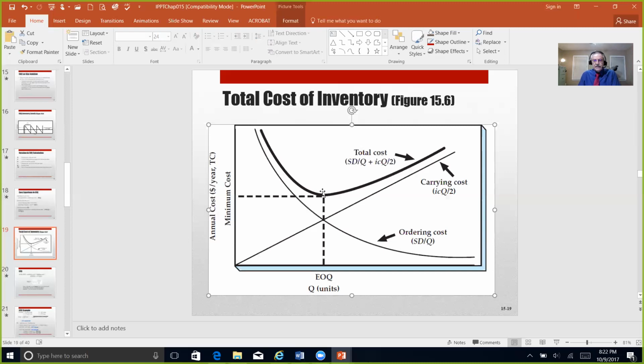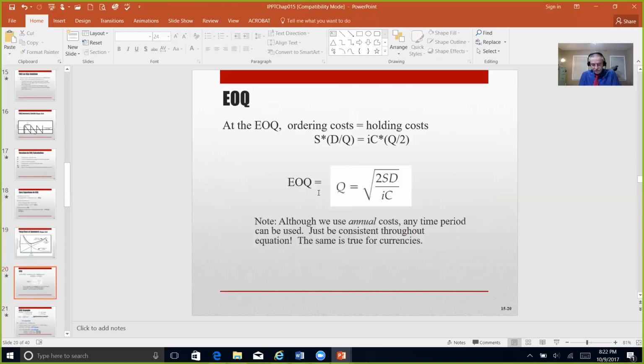Putting all this together, we have this EOQ model, which is equation 15.2 on page 379.